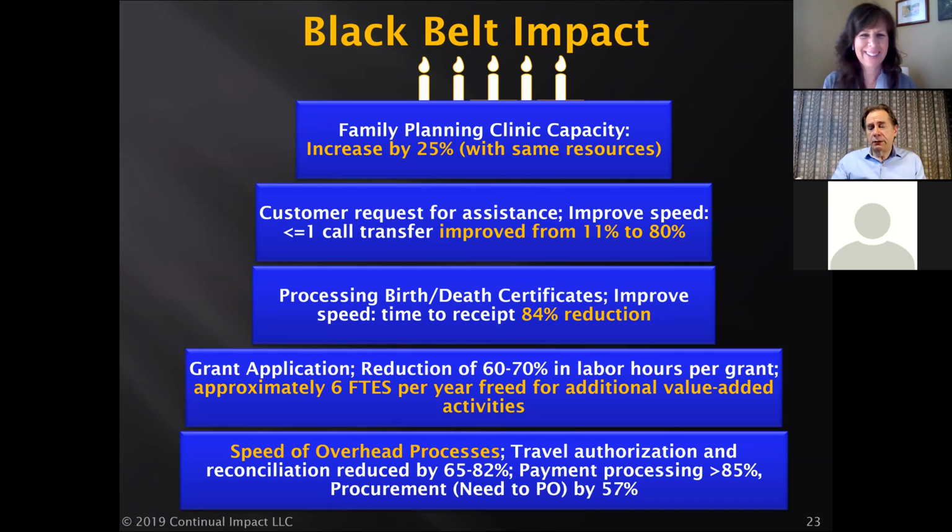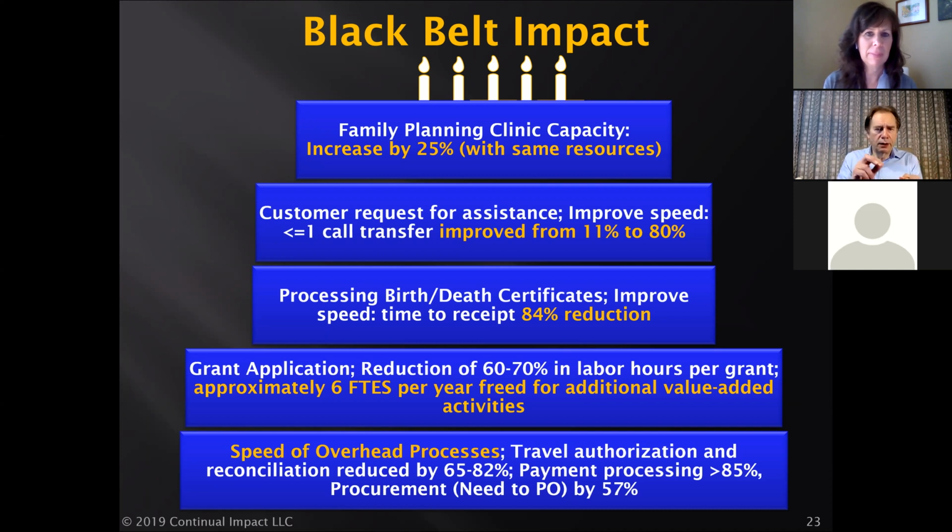Now, we keep talking about ramping up the impact. The birthday cake here is to take a look at some of the numbers. As you build your green belt skills and black belt skills, you're able to find more things.